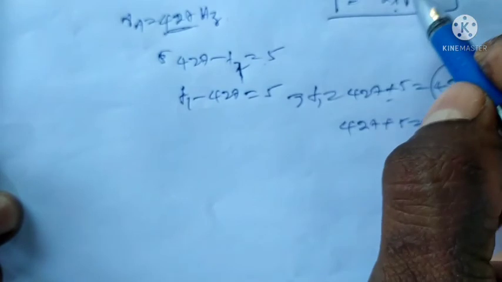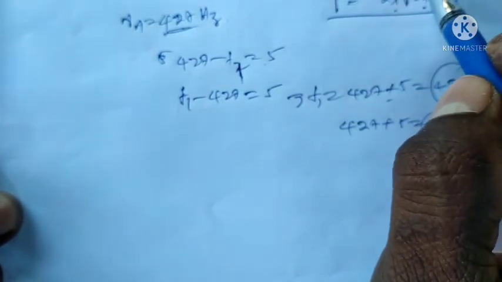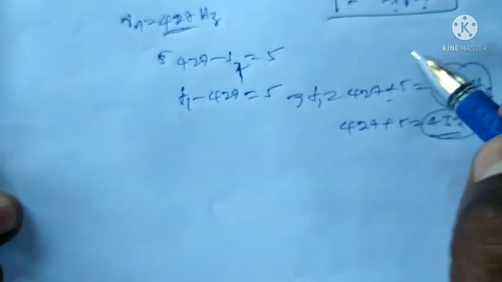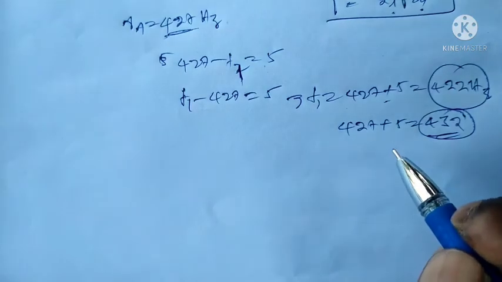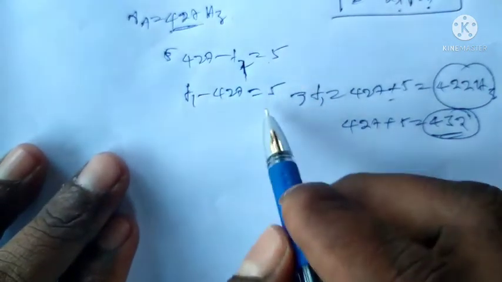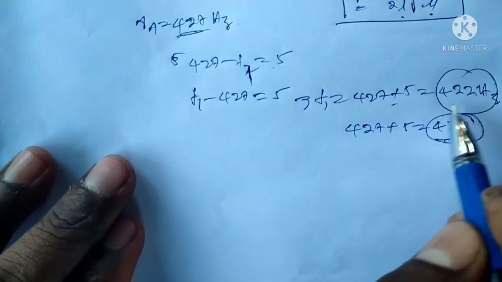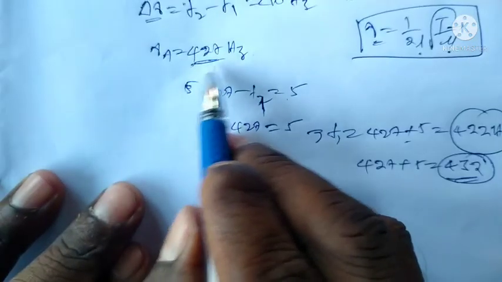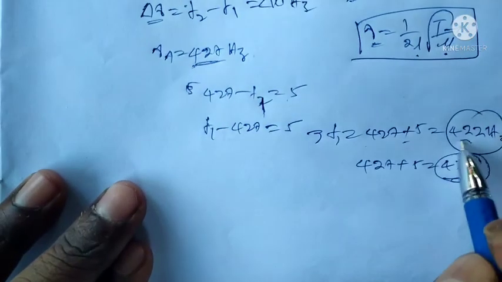Suppose tension increases, the frequency will increase, but here the difference decreases, so it is below 427. That is why 422 is the answer.